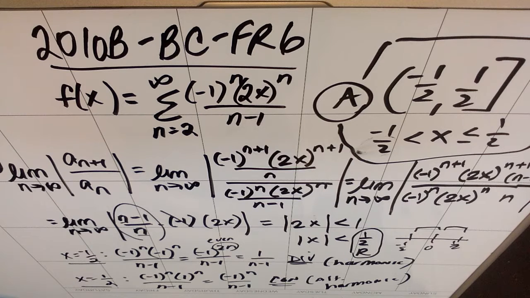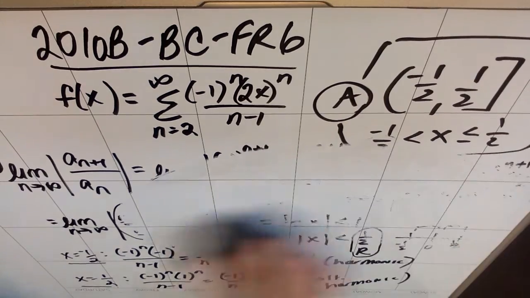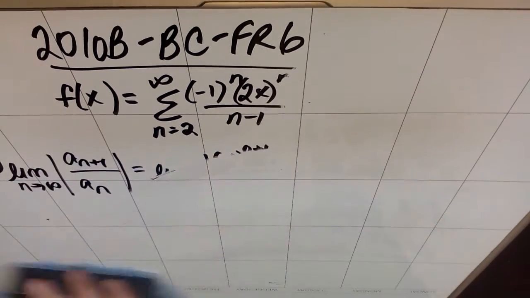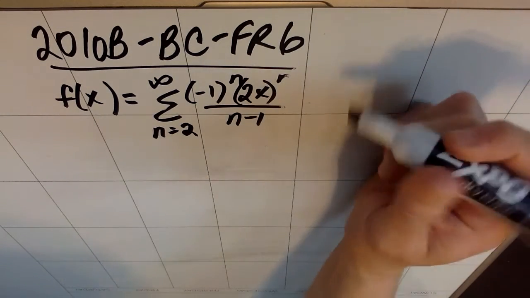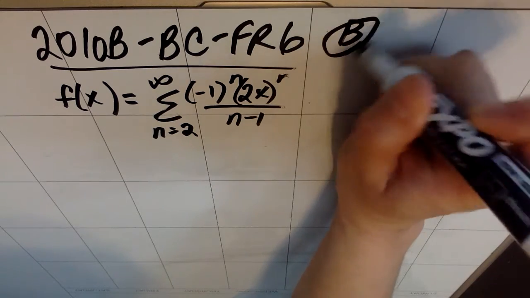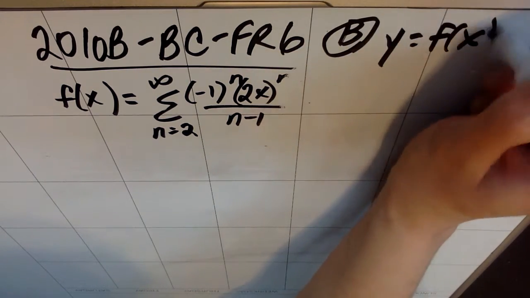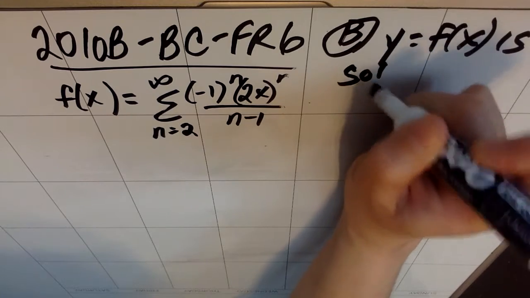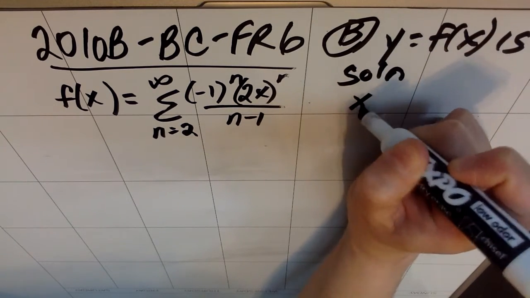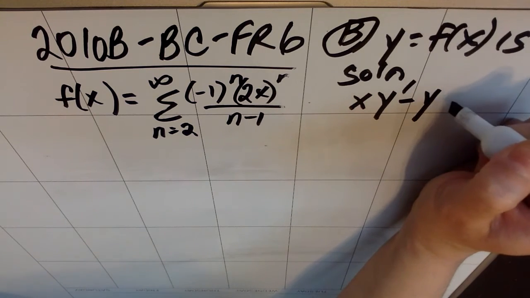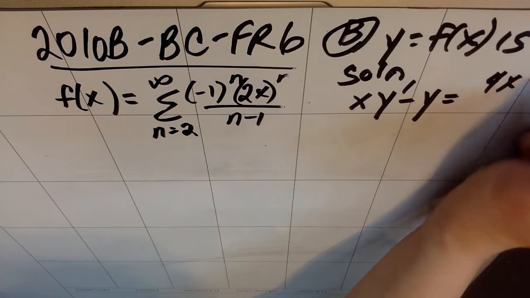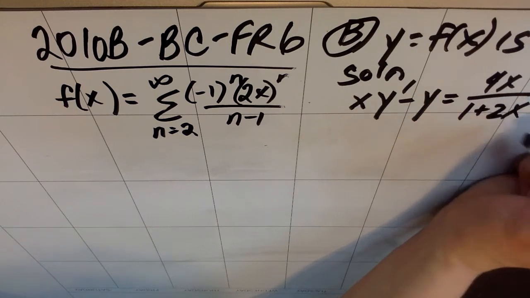So, part B. Sorry, I'm stealing an eraser because this is a lot of math. Show that y equals f of x is a solution to, and I'm going to write this up here because it's kind of messy, x times y prime minus y equals 4x squared over 1 plus 2x.